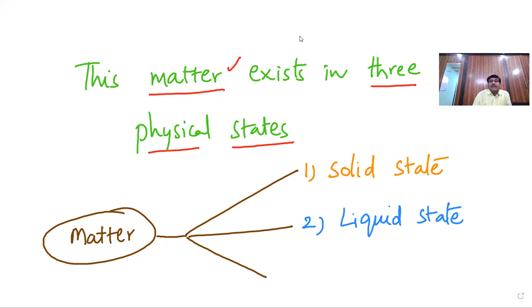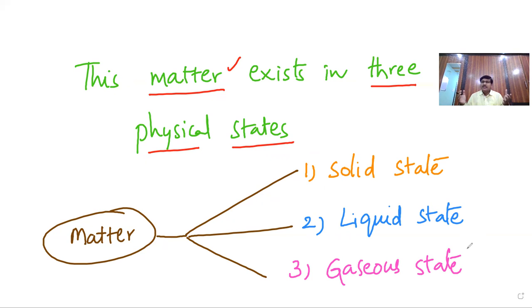The third one is gaseous state. So matter, which has mass and space occupation, exists in 3 states: solid state, liquid state, and gaseous state.